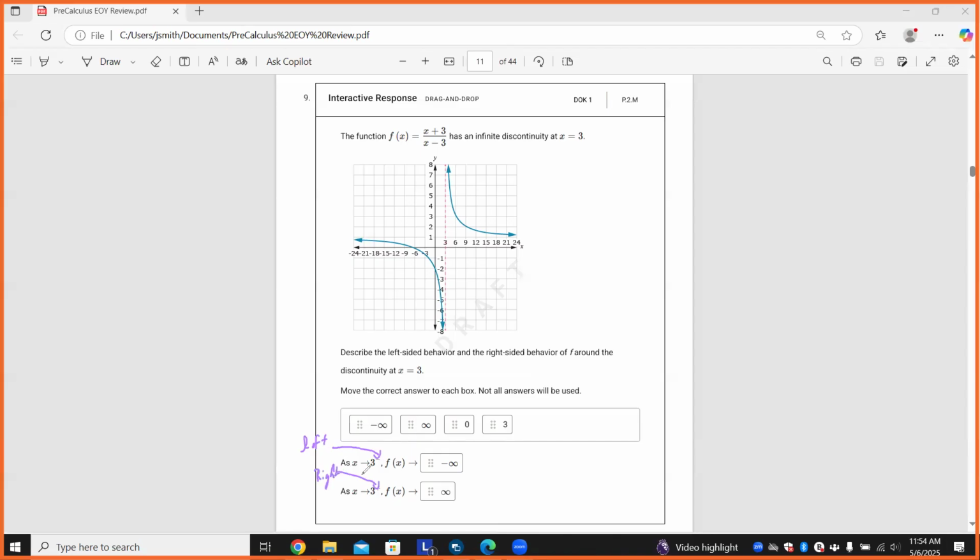So what this question is asking is, what is the graph doing on the left side of 3? It's going down toward negative infinity. That's all it's asking. What is happening on the right? It's going up, so that would be positive infinity. And that's it.